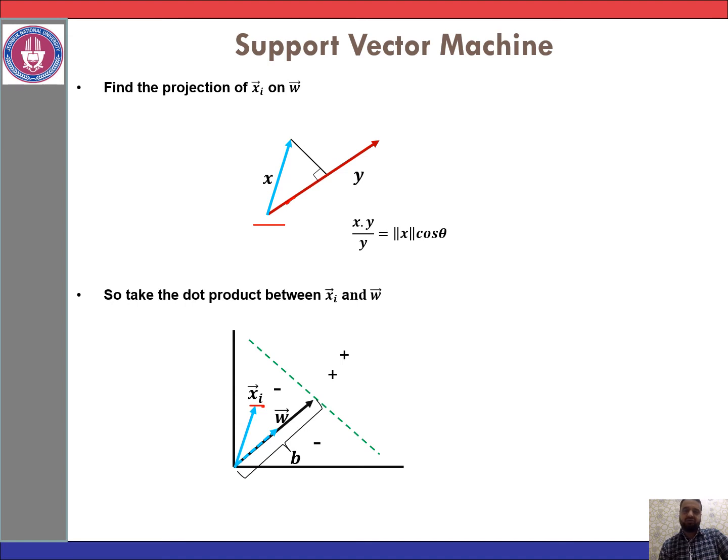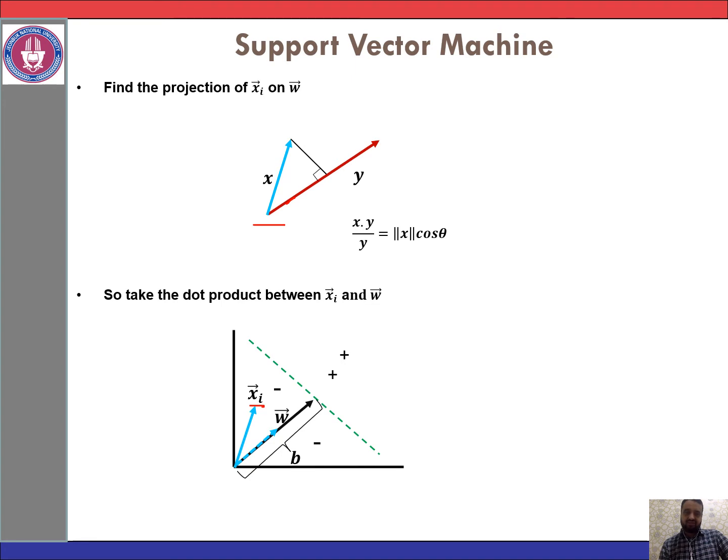So we take the dot product between x and y, and the dot product x dot y is equal to |x||y| cos theta. So the dot product gives us the projection of the x vector on the y vector.